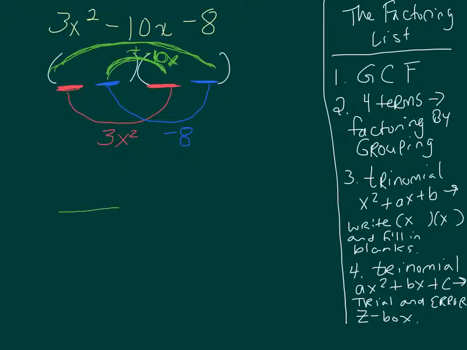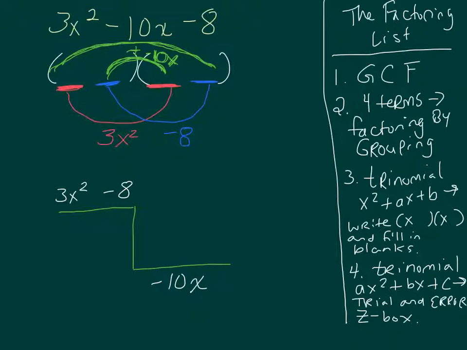So when you use the z-box, you're going to draw sort of like a boxy z, just like that. I'm going to put the leading term and the constant term on top, and I'm going to put the middle term or the x term on the bottom.